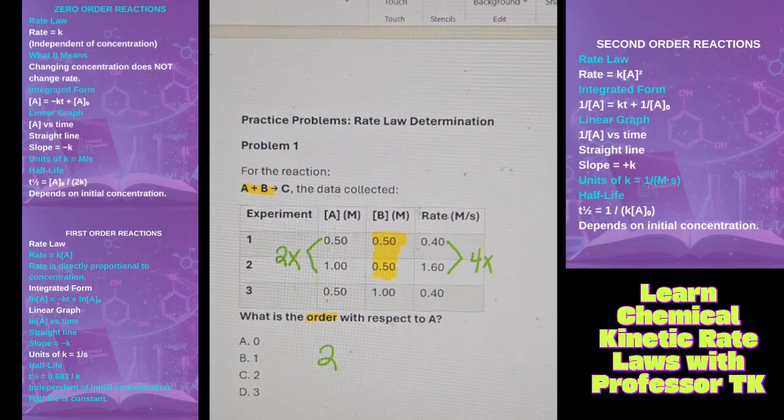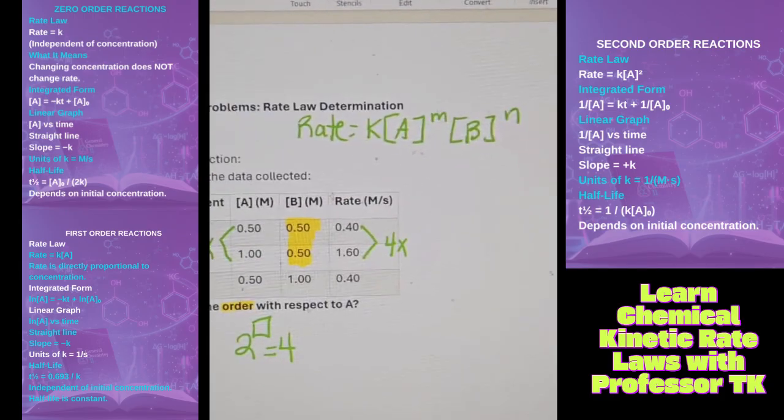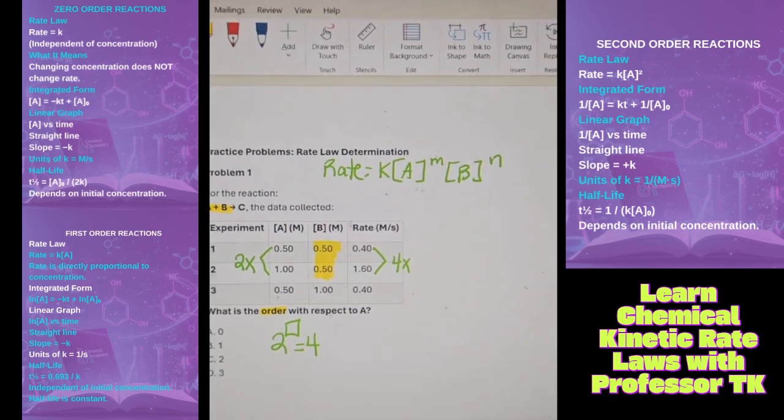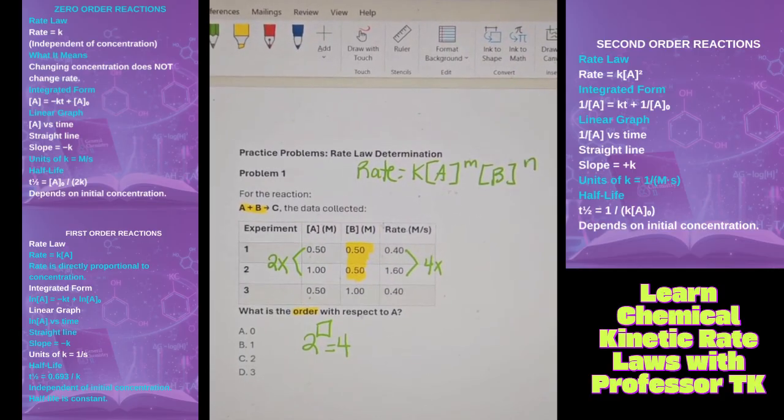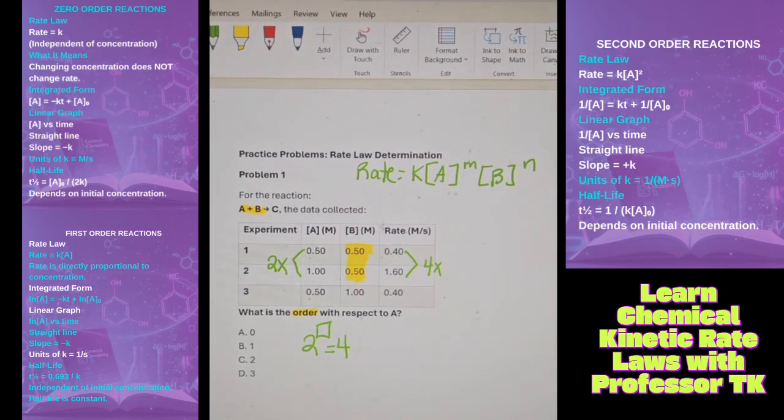So I have to determine my M. Some of you may be familiar with the M as it relates to this formula here. Whenever you have two reactants, the rate could be K times A to the M times B to the N, but it depends on whether or not one of them goes to 0.